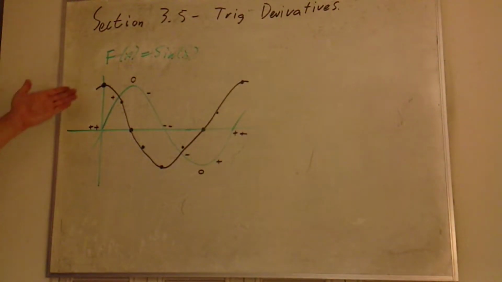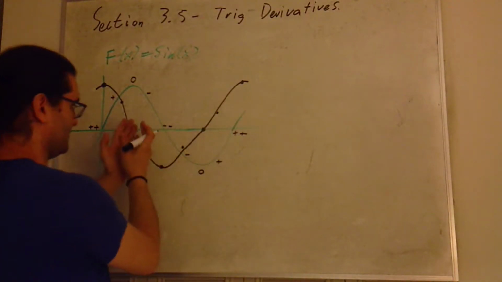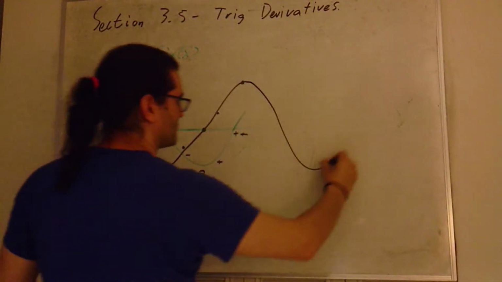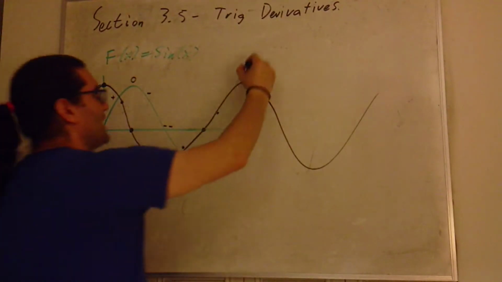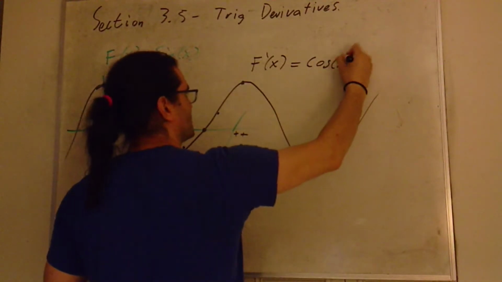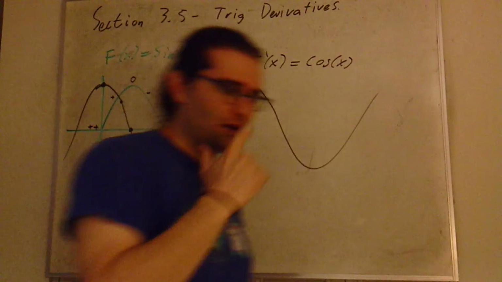hopefully this shape is extremely familiar to you, especially since, because the sine wave is periodic and keeps going, this should also be periodic and keep going. What we have here is a cosine wave, which makes sense if you think about it.